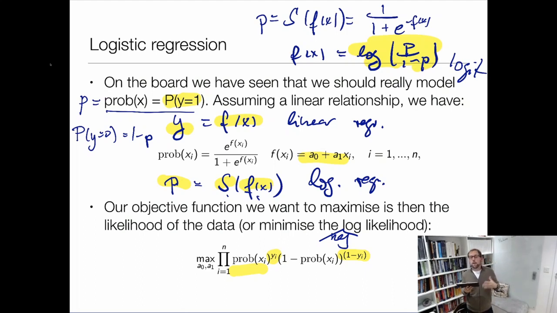If you now have a computer, given the data, you just write down this function, and it depends on A0 and A1, because obviously P is a function of X, and X depends on A0 and A1. So it depends on those parameters. I can now just vary those parameters until I find the maximum, and then I have numerically solved the problem. As long as you know how to maximize a function, the problem can be solved as before.